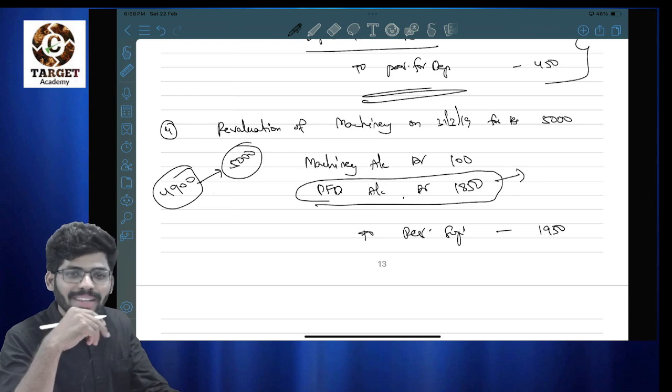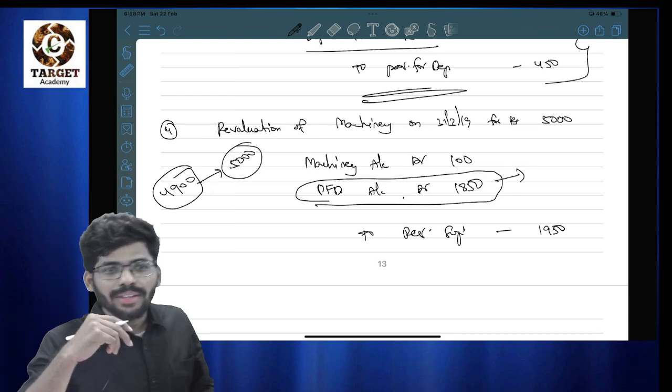Then we need to charge it to P&L. Correct or not? So it's a loss.